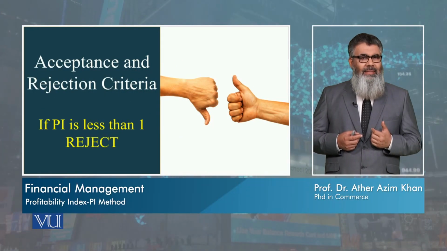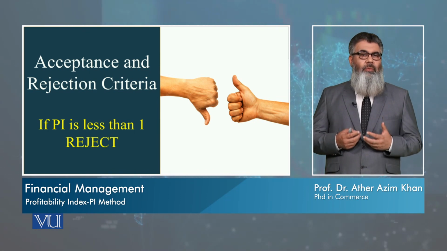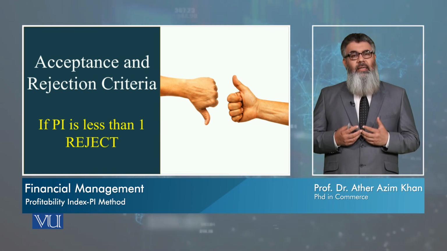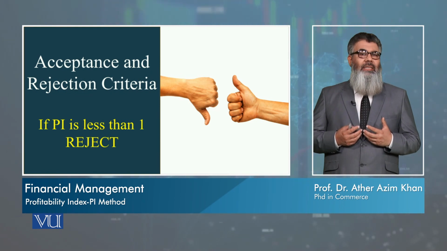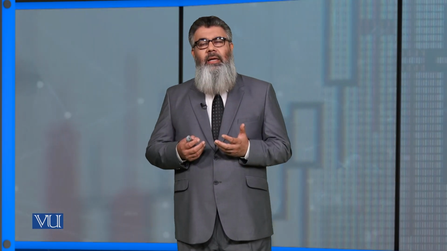And the simple criterion is that if the value of profitability index is less than 1, we will reject the project. यानी इसका नतीजा ये निकला कि अगर प्रॉफिटेबिलिटी इंडेक्स की वैल्यू 1 या 1 से ज़्यादा होगी तो हम उस प्रोजेक्ट को एक्सेप्ट कर लेंगे.